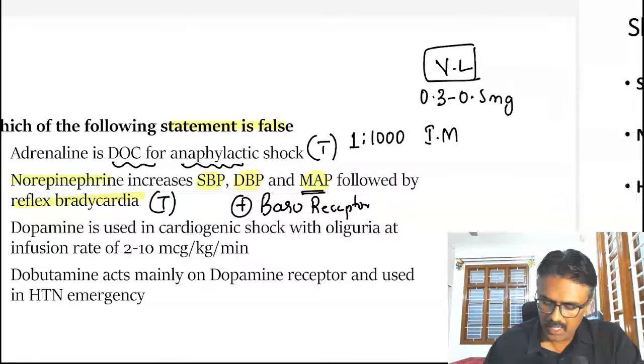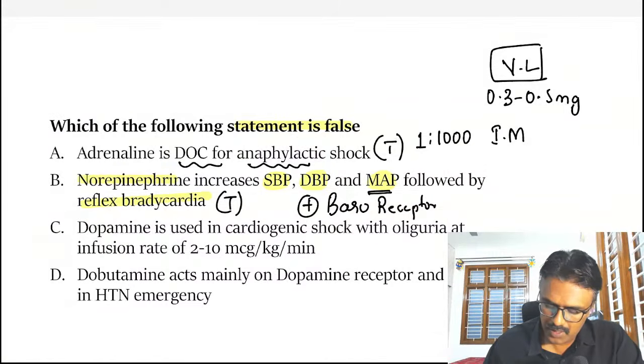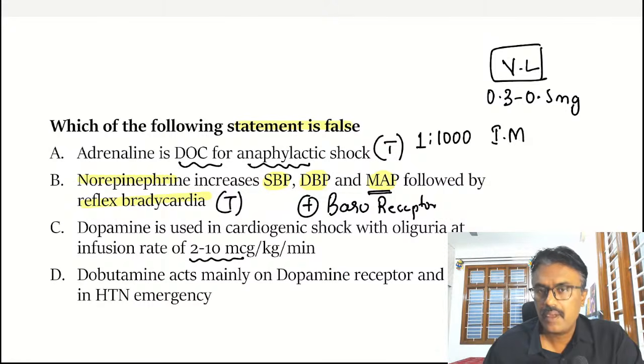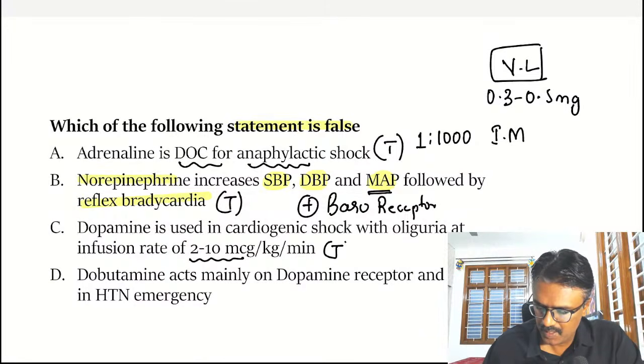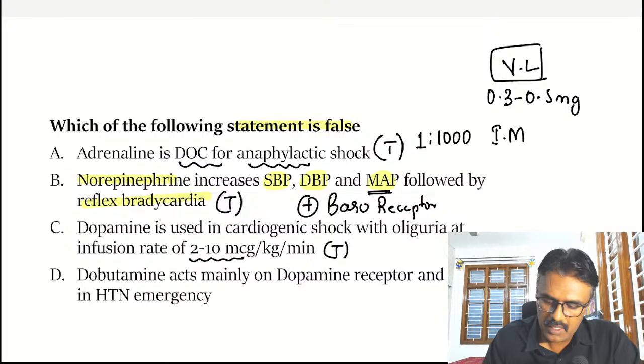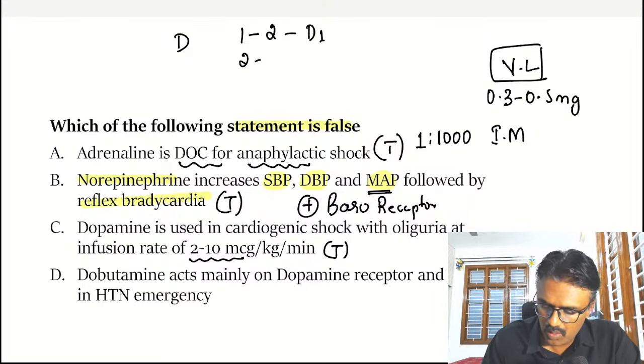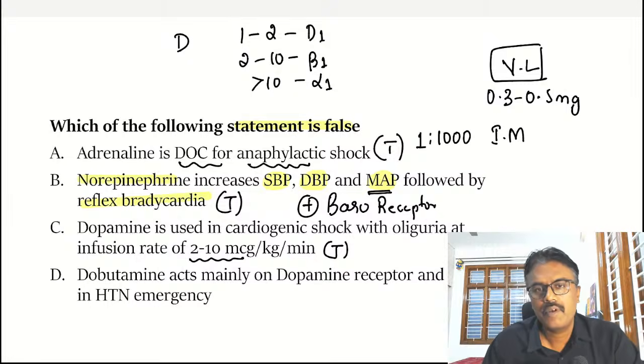Dopamine is used in cardiogenic shock with oliguria at an infusion rate of 2 to 10 microgram per kg per minute. Yes, a true statement. Dopamine we use in various doses: 1 to 2 it acts on D1, 2 to 10 it acts on beta 1, and more than 10 it acts on alpha 1. So that is dopamine for you.